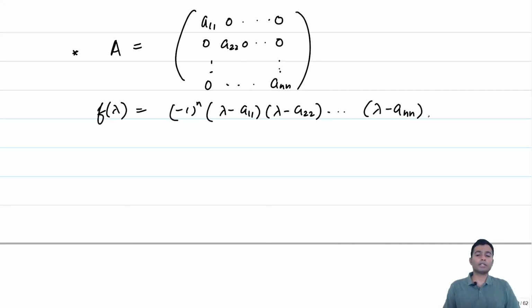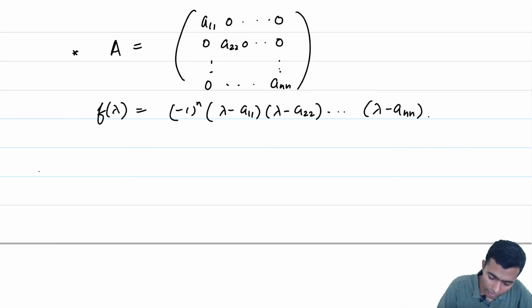So in the case of a diagonal matrix, the characteristic polynomial necessarily splits. And we also know that if a matrix is diagonalizable, it is similar to a diagonal matrix. We just proved in the beginning of this video that similar matrices have the same characteristic polynomial, and therefore the characteristic polynomial of a diagonalizable matrix necessarily splits.